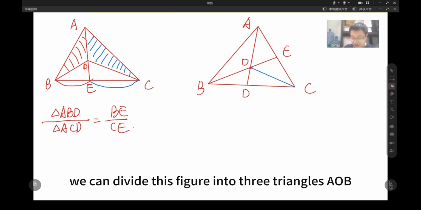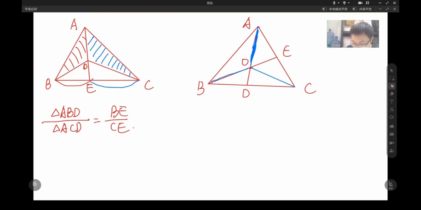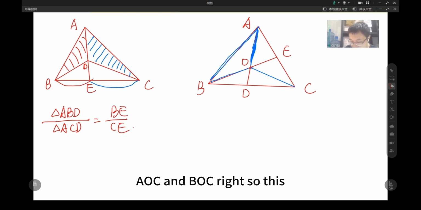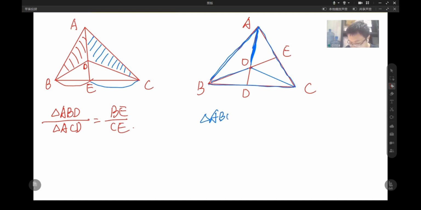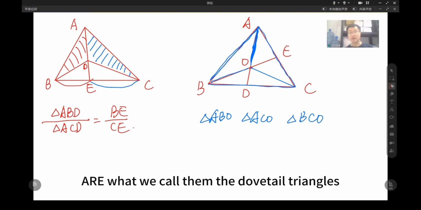By then, we can divide this figure into three triangles: AOB, AOC, and BOC, right? These three triangles are what we call the dovetail triangles.